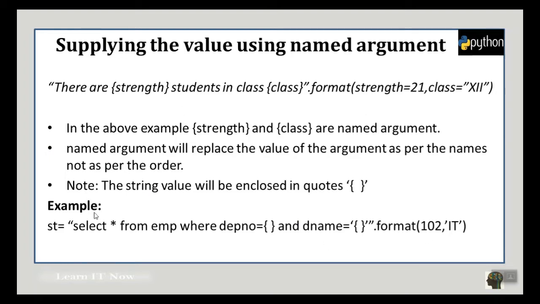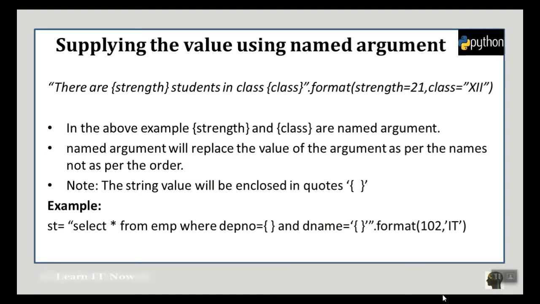For example, if we want to print the employee details with department number 102 and IT, or with department number D and department name DN, what will we do? We will write select star from EMP where department number equals an empty curly bracket and department name equals, within single quotes, an empty curly brace, dot format, and the variable names or exact values. If 102 is there, we write 102, comma, IT in single quotes, or we can also write D, comma, DN.